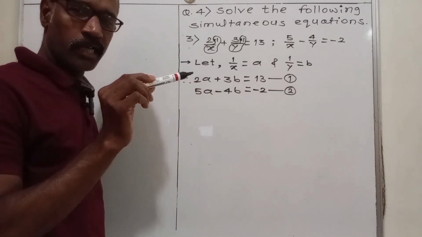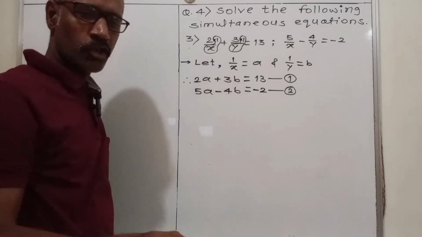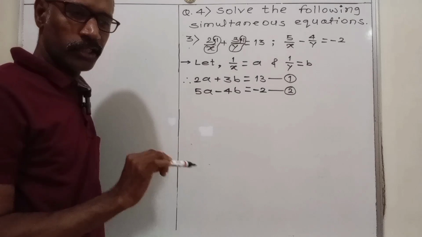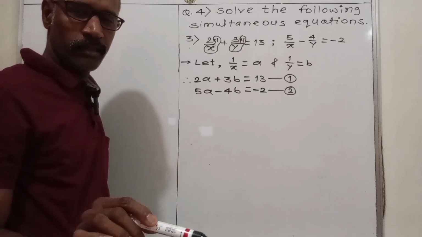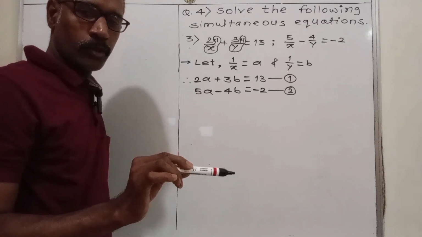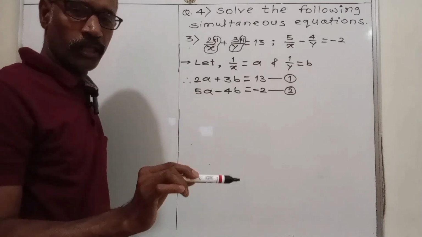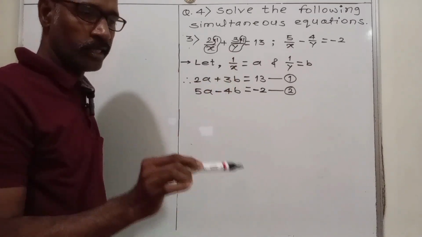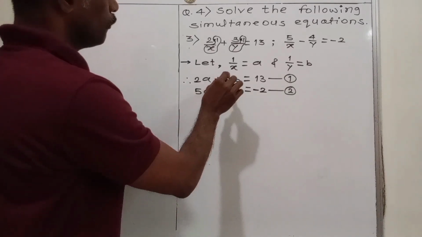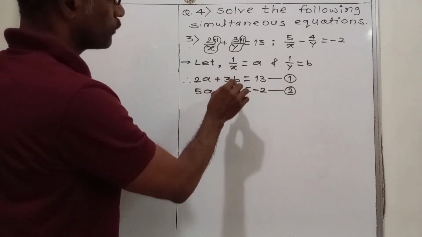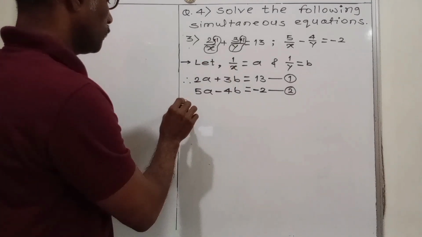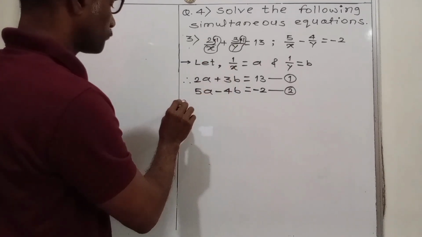If the coefficients of any one of the variables are equal, then there is no need to equate them again. If coefficients are not equal, then equate the coefficients of any one of the variables. Now we equate the coefficients of variable b.